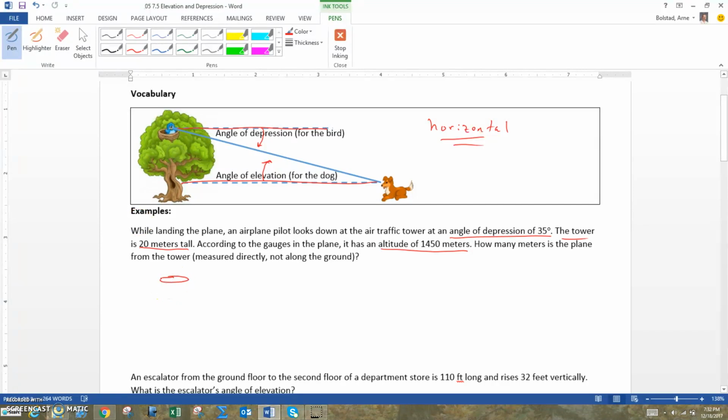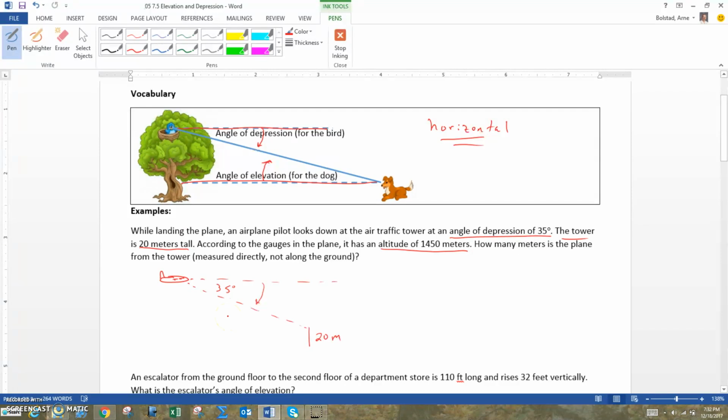So we have our plane here. We have the tower here. So we know that the tower is 20 meters high. We know the pilot is looking down at that tower, angle of depression. So the pilot's looking forward, so it's starting at the horizontal and rotating down 35 degrees.